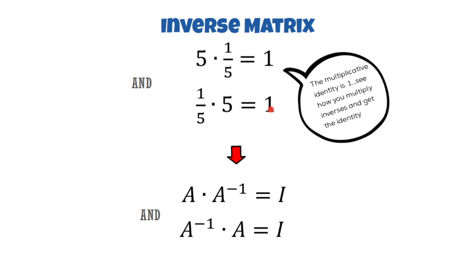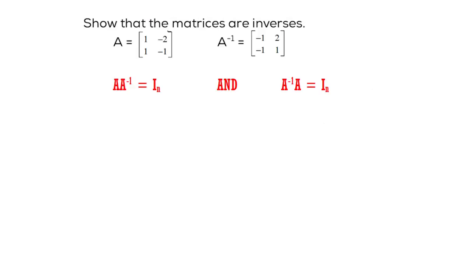The idea works the same on matrices. If I take some matrix A and I multiply it by its inverse matrix, these two should multiply to end up equaling my identity matrix. And it should also work the other direction. Still should multiply to get the identity. Let's look at a little matrix, just a 2 by 2, to show you what I mean here.